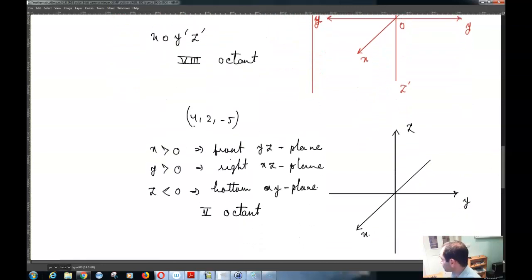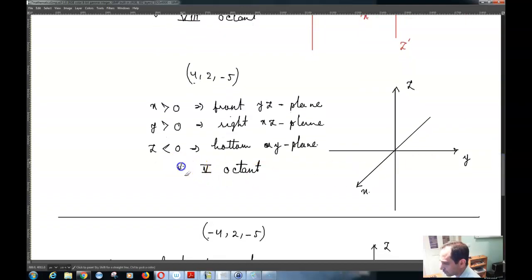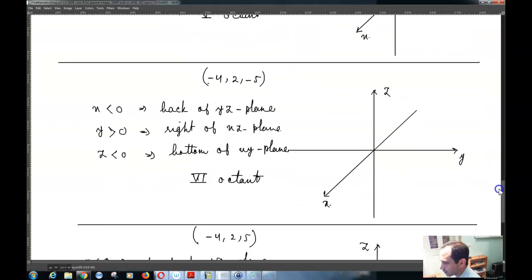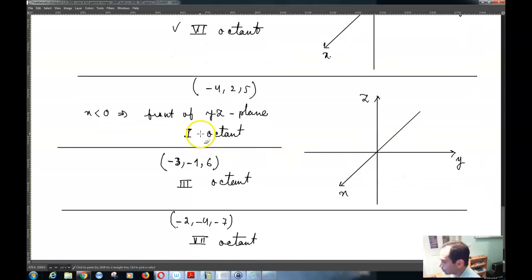So I start from here. Let me check my answers here. 8, 5, 6, 2, 8, 5, 6. There has to be a 2. Okay, so there's something wrong here, but this is right, and this is right.